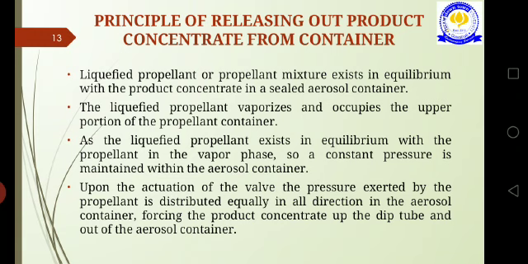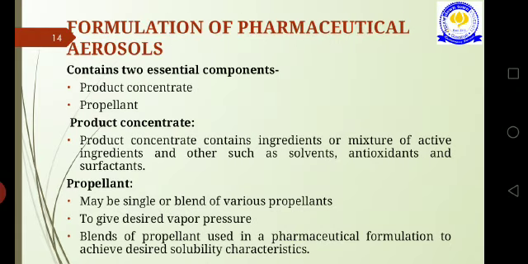Whenever we press the actuator, these things play a role. Formulation of pharmaceutical aerosols contains two essential ingredients, that is product concentrate and propellant. The combination of both plays a key role in aerosol preparation. Product concentrate contains a mixture of active ingredients and other solvent system, antioxidants and surface active agents.